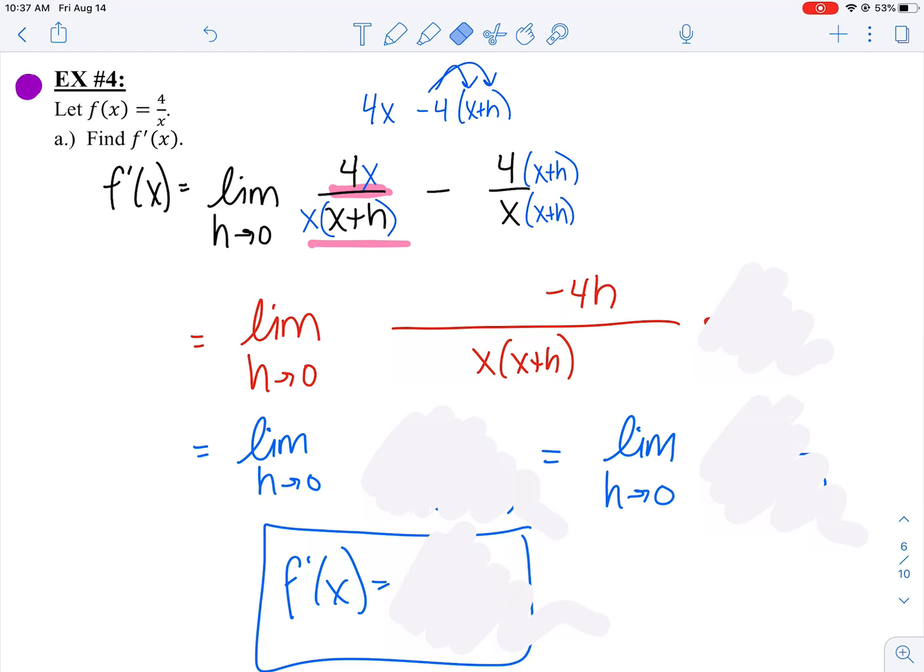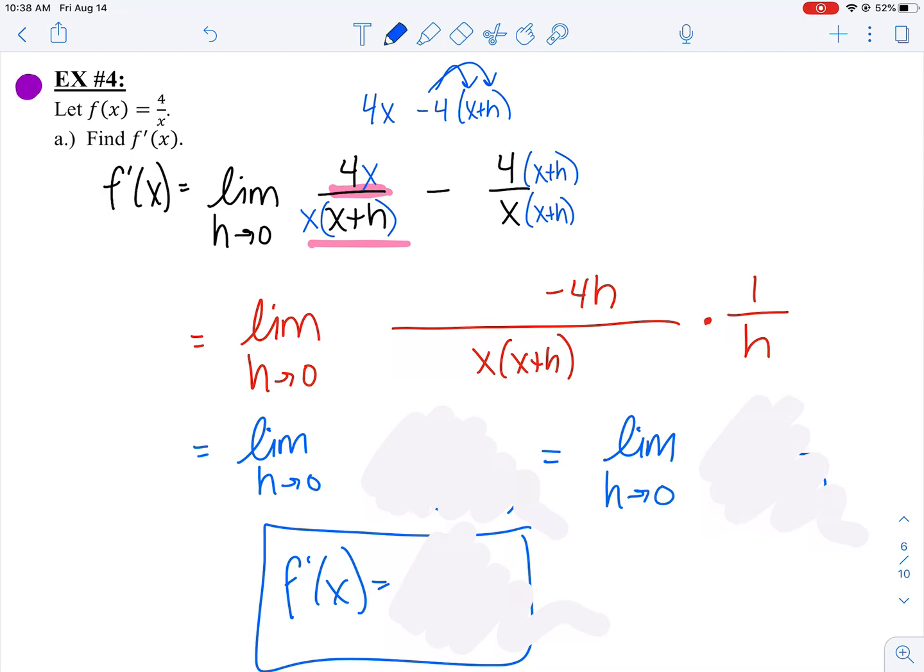But I still have two layers, and I don't really want to add another layer and divide by h. So instead of dividing by h, couldn't I multiply by the reciprocal? Isn't that the same thing as dividing? You've talked about that before in previous math classes. So instead of dividing by h, couldn't I multiply by his reciprocal and multiply by 1 over h?